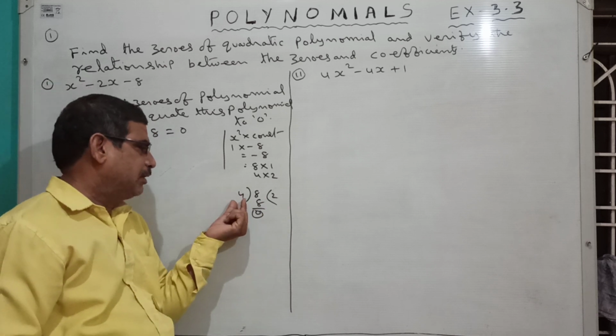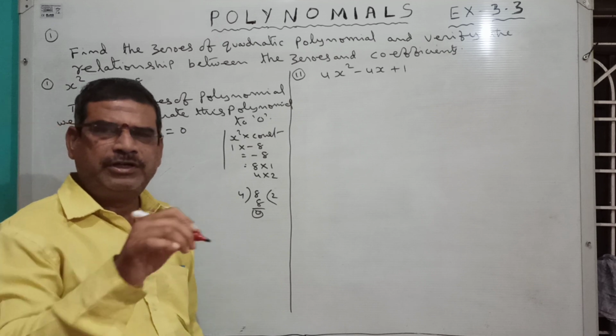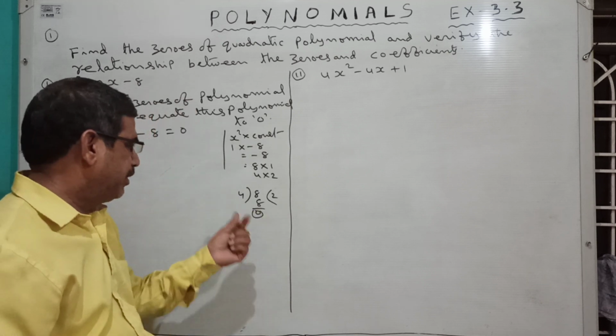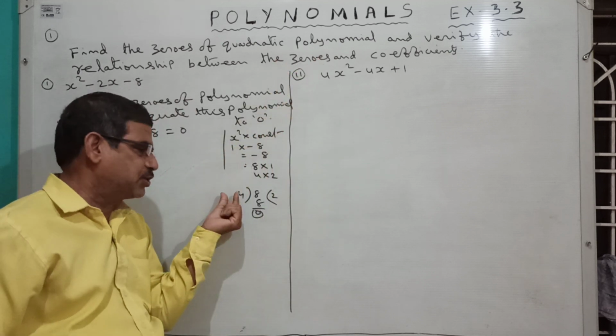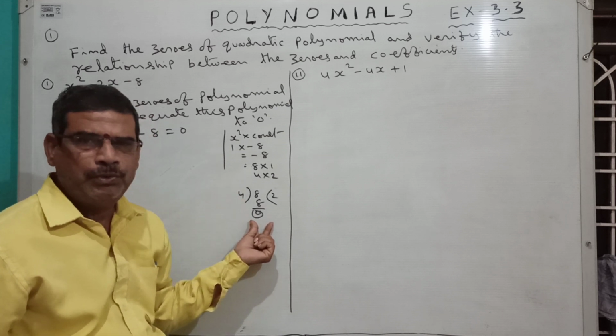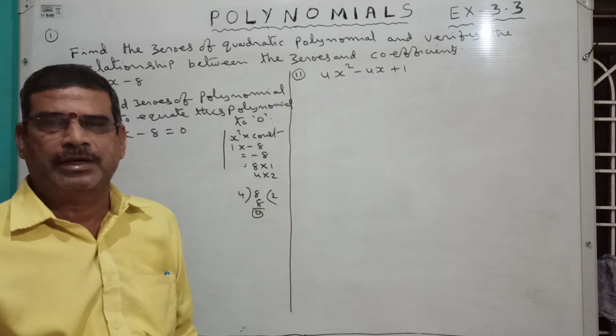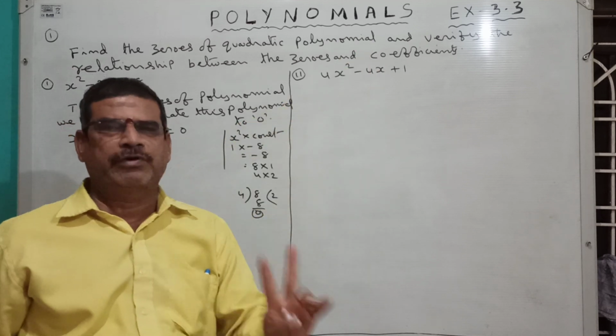So I say that 4 is a factor of this 8. So when I divide the big number by the small number and the remainder is 0, then I say that the small number is a factor of that big number. So this is the meaning of factor.